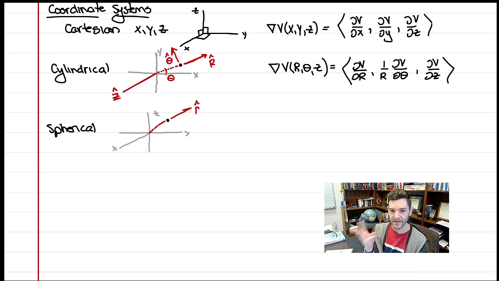If I then want to make it 3D, I could tell you a latitude, a longitude, and then how far away from the core of the Earth I am. So if I say latitude, longitude, and then 4,000 miles, which is roughly the radius of the Earth, that tells me a location on the surface. But if I say latitude, longitude, and then specify r is equal to 1,000 miles, then I'm somewhere probably in the mantle inside the Earth.